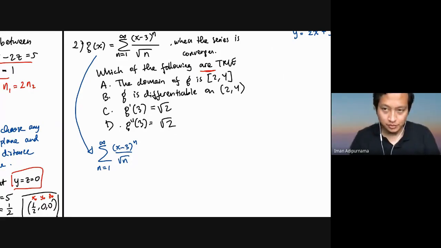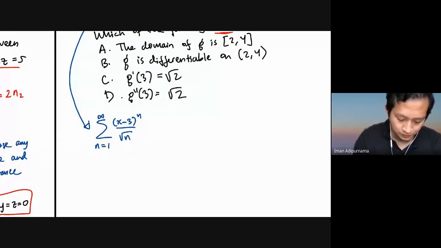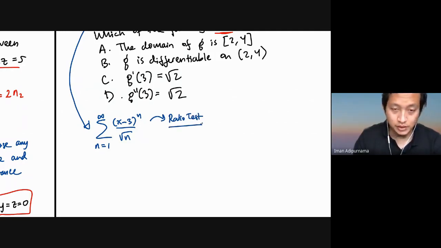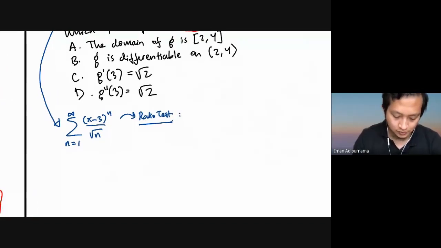Okay, let me continue to solve number 2. We need to set up the series and check with the ratio test, for convergence and interval of convergence. If you forget the ratio test, this is what you need to do.